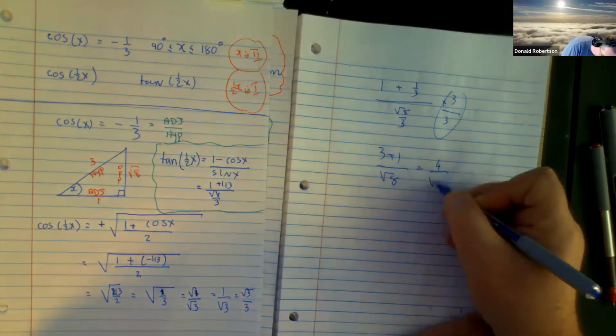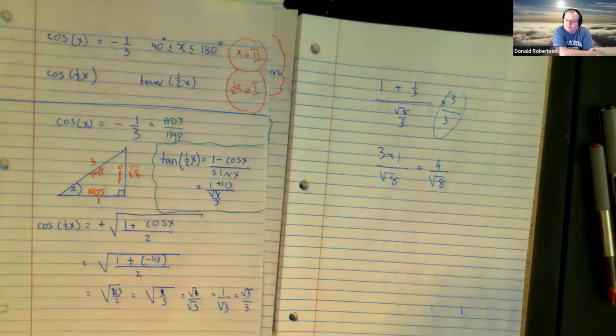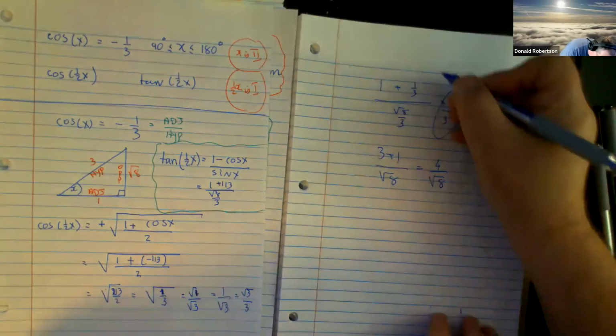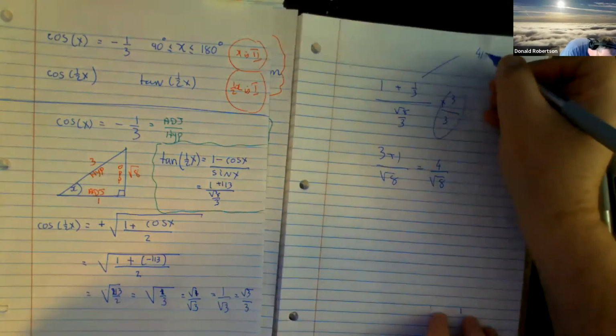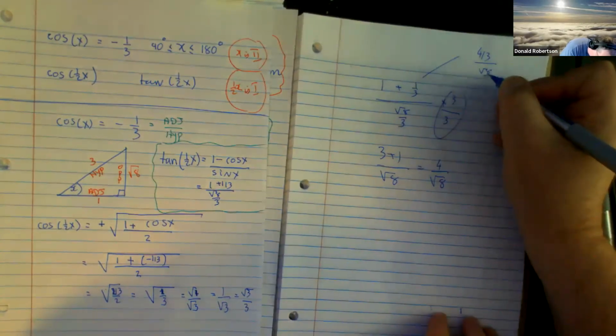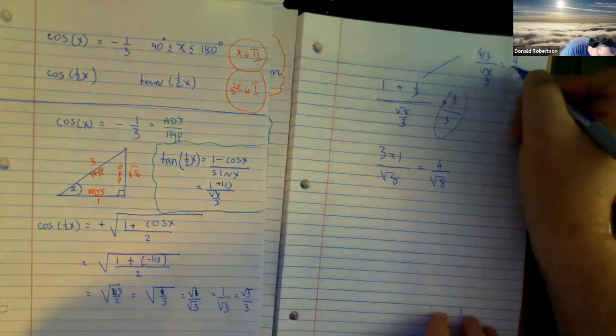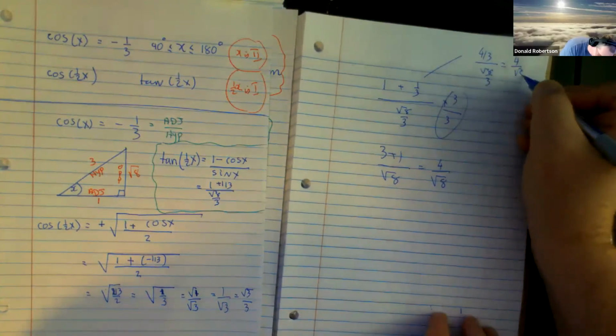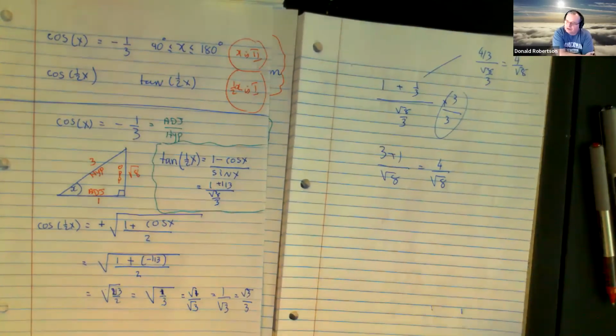That gets me 4 over root 8. Are you okay with that? Another way of doing it is add these together and you get 4/3 over root 8 over 3. The 3's cancel and you get 4 over root 8. That's just a different approach.